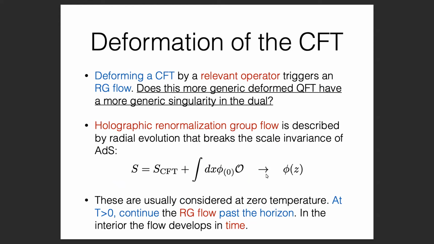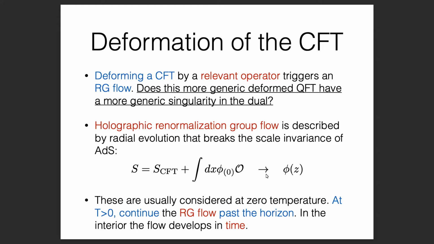So the natural thing to do when you have a field theory is to deform it by a relevant operator. That's the way you can change a field theory and make it more generic. So you can take our CFT, add a relevant operator, and ask: does this more generic deformed quantum field theory have a more generic singularity behind its dual horizon?